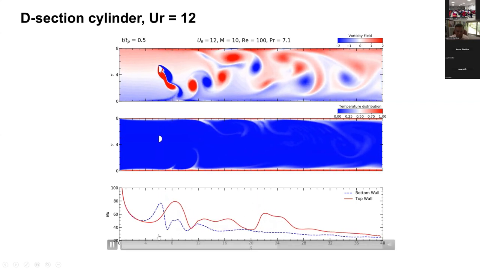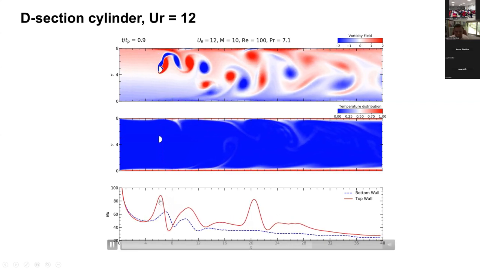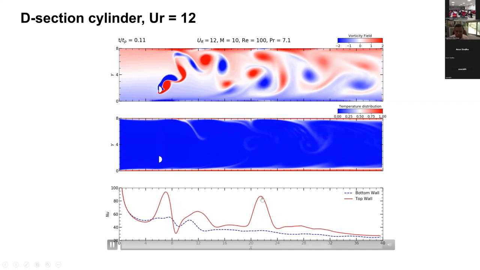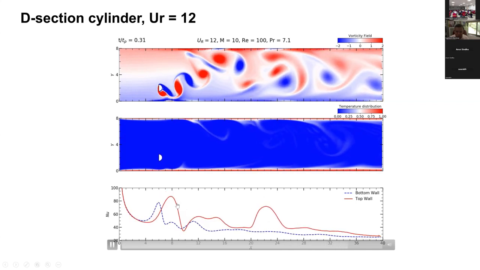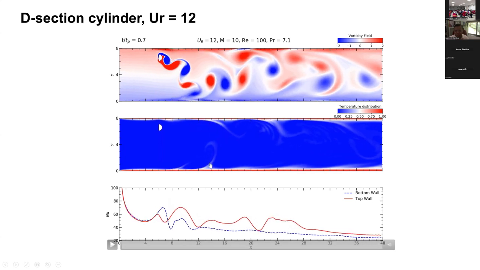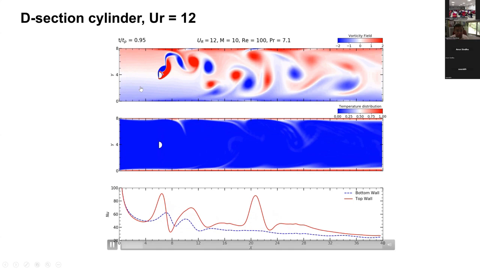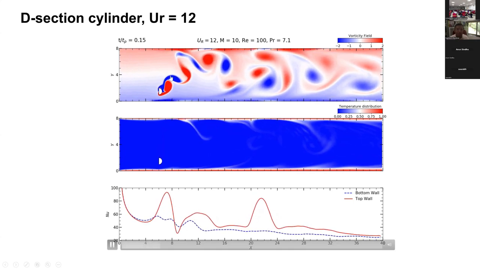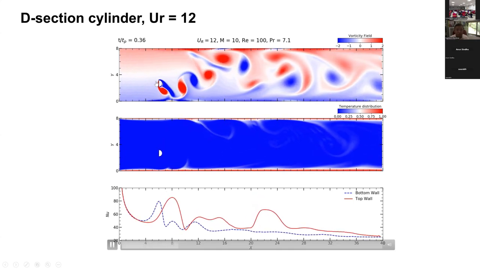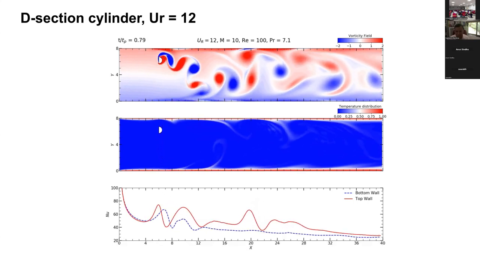And see the peaks, on the same scale they are much larger as compared to the previous case. Such high peaks are forming very close to the cylinder as well as in the downstream. And the thermal boundary layer, you can see how disrupted it is, and these are the isotherms. So this is interesting in the sense that reduced velocity also influences the heat transfer, and we can have a certain improvement.